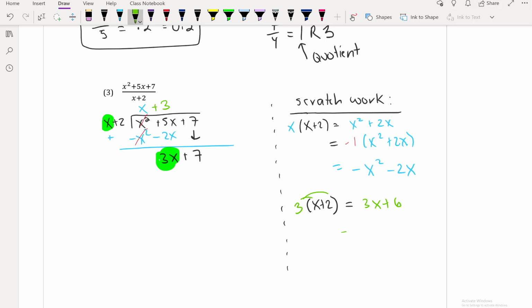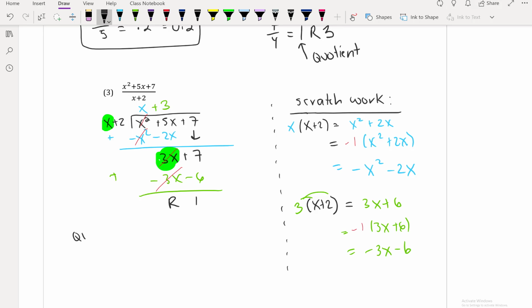And don't forget, when you do this, you're really multiplying by a -1 because it's subtract everything. So I get a -3x minus 6. So again, that 3x and that -3x cancels. If it did not cancel, go back, you did something wrong. So now I have 7 minus 6, which is going to give me a positive 1. So that is going to be your remainder.